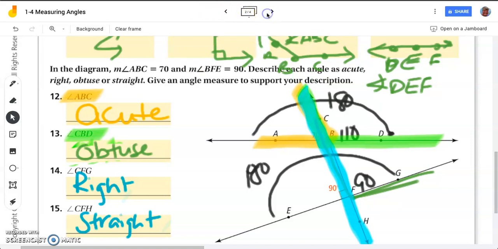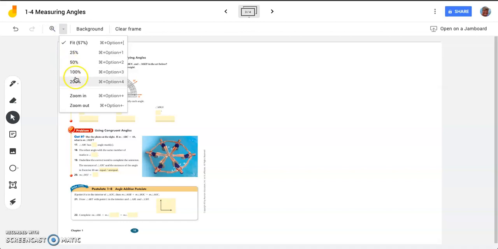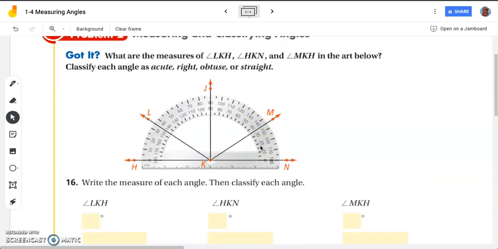So now let's look at this protractor. And so we're going to make this screen a little bit bigger so that we can see. So we have a protractor here. And so we're just going to look at the measurement. So you want to either read from the inside out or the outside in, depending on what you're looking at.